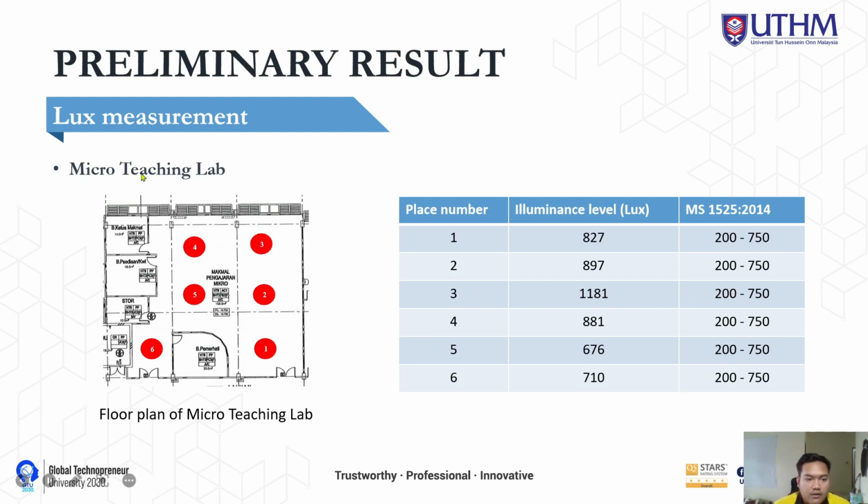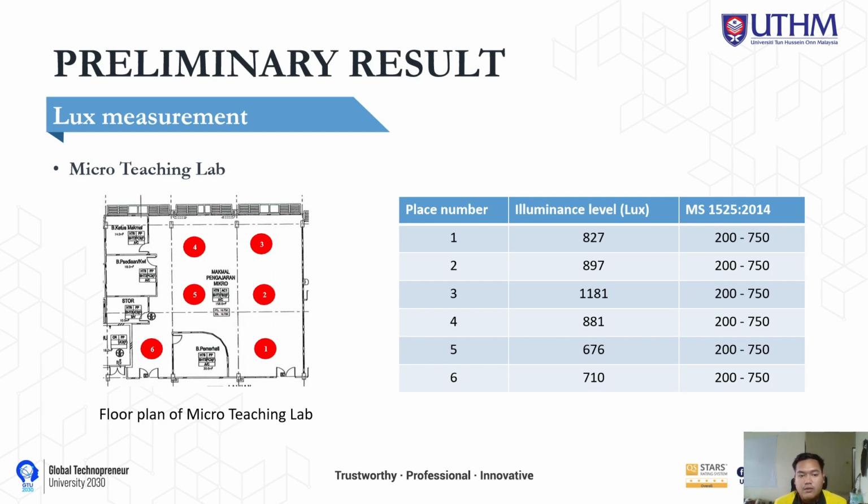And then lastly is the Micro Teaching Lab, which is located at Block C also on level 2. In this room, I chose 6 points. The level, as you can see, is high because in this laboratory, I found that there are many unusable lamps located at the wall.